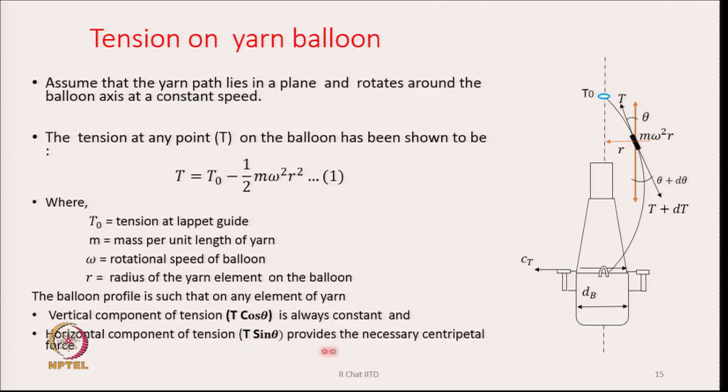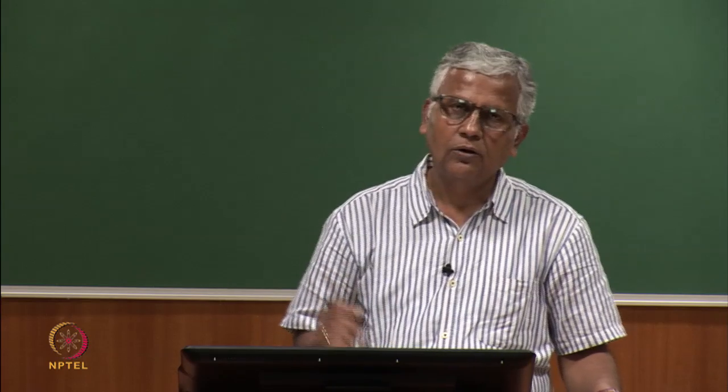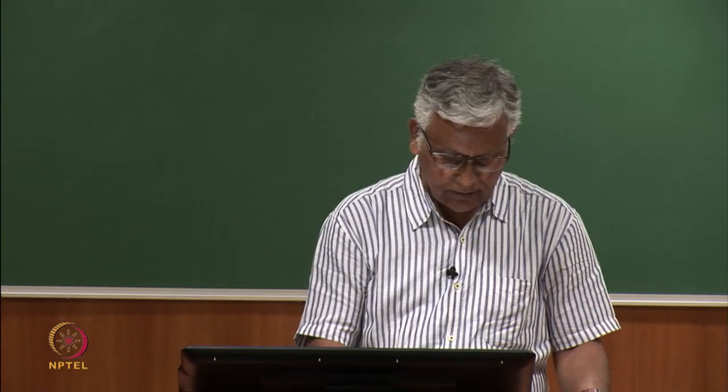T sin theta provides the necessary centripetal force, and that is why it takes a beautiful shape. The horizontal component of tension provides the centripetal force that balances the centrifugal force m r omega square acting on the element of yarn.